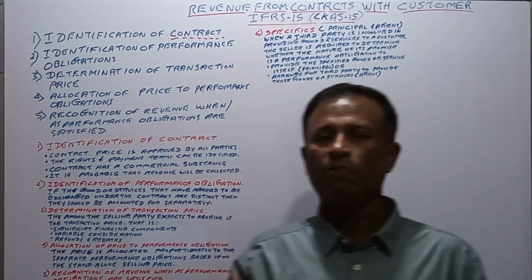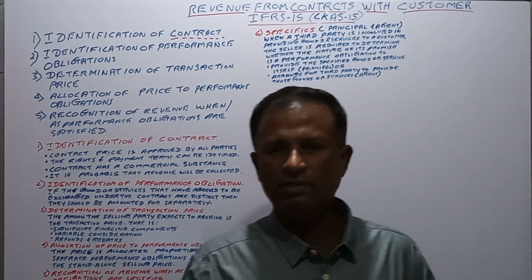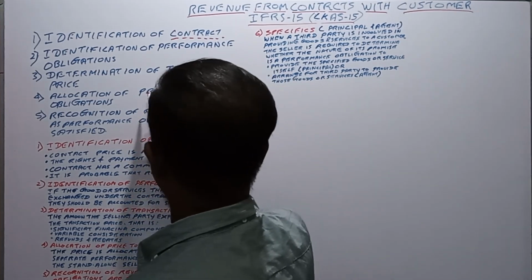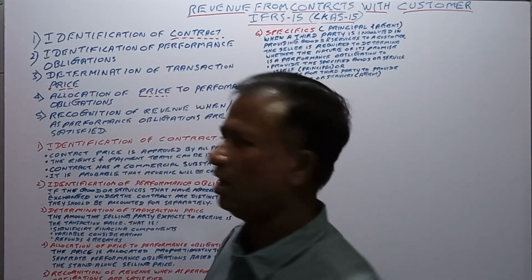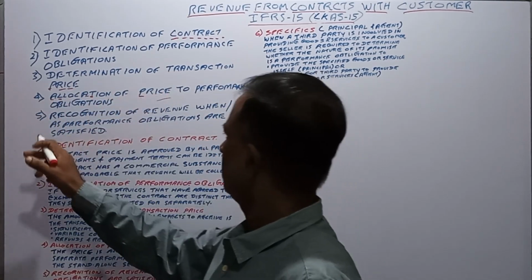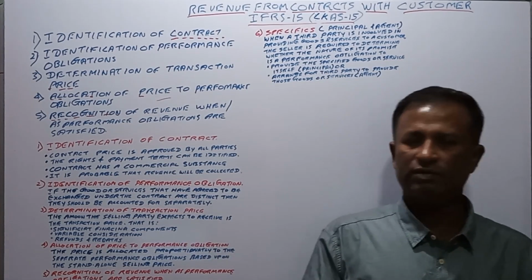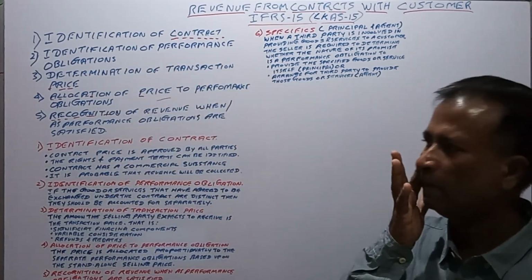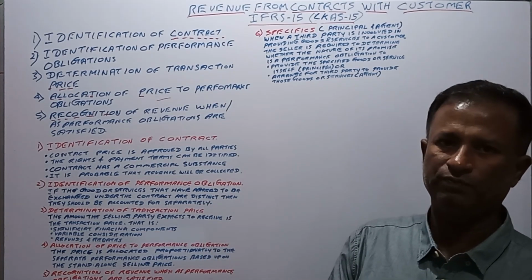First of all, there should be a contract, there should be an obligation, there should be a price, determination of price, allocation of price, and recognition of revenue. These five should be satisfied, right?